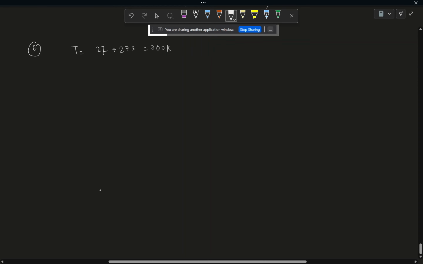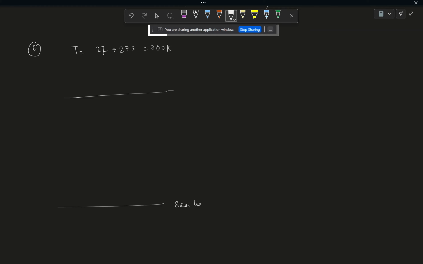And let us draw a quick diagram for us to understand that this is your sea level. This is at Z0, which is let's say at 0. And this is your another level that you are talking about in the problem. And this is let's say at height Z.